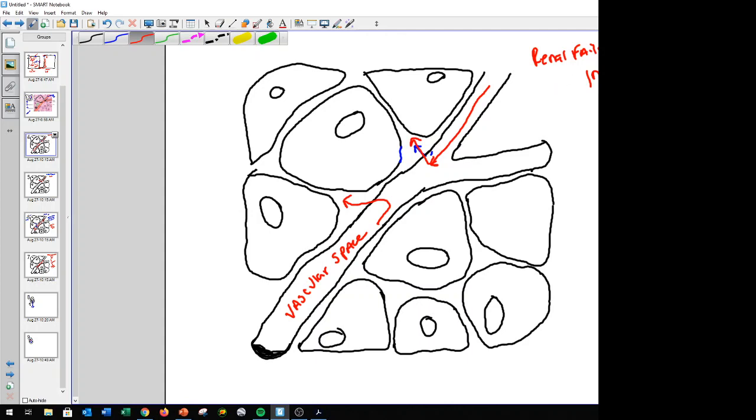No, let's change it to 170 over 50. That's better. So we got problems. 170 over 50, right? But that's because these cells out here are dehydrated. There's nothing to pull from in the vascular space, but the vascular space doesn't need it because it's already full.